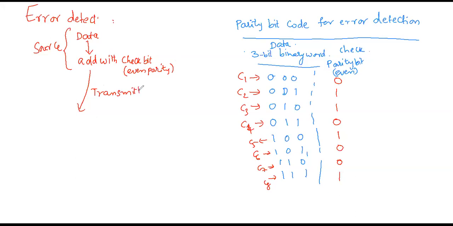Now, each code word has even parity. So observe all the code words. In all code words, the number of ones is even.